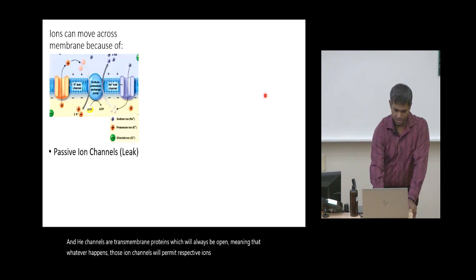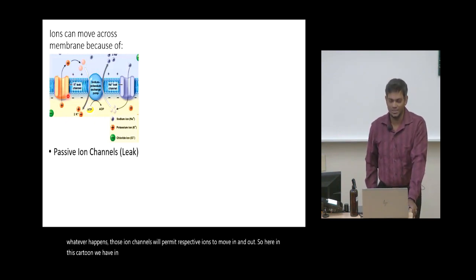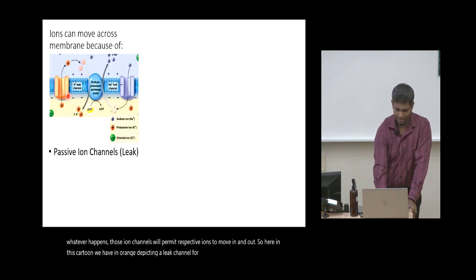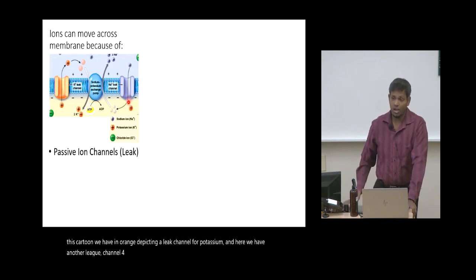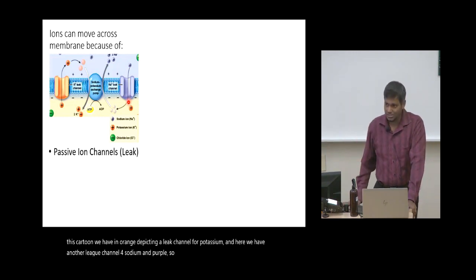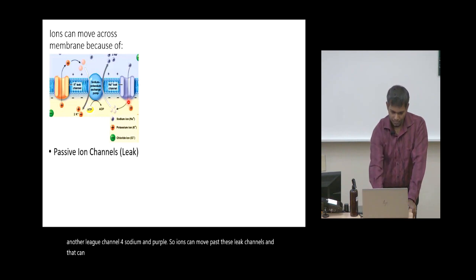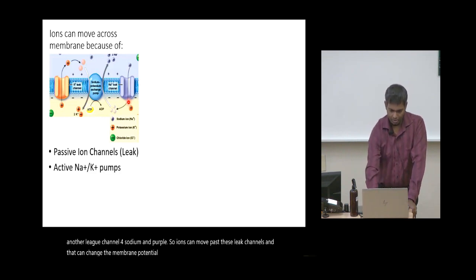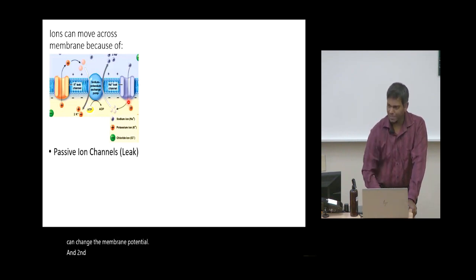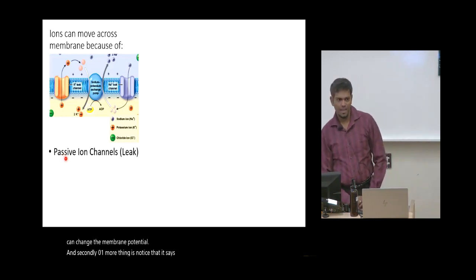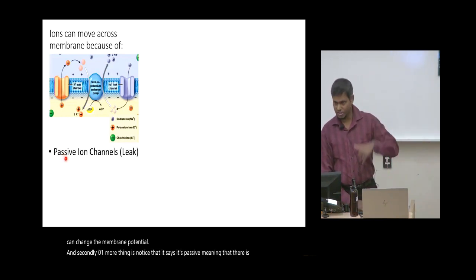In this cartoon we have, in orange, a leak channel for potassium, and here we have another leak channel for sodium in purple. Ions can move through these leak channels, and that can change the membrane potential. Notice that it's passive, meaning that no energy is required to cause these ions to move across.